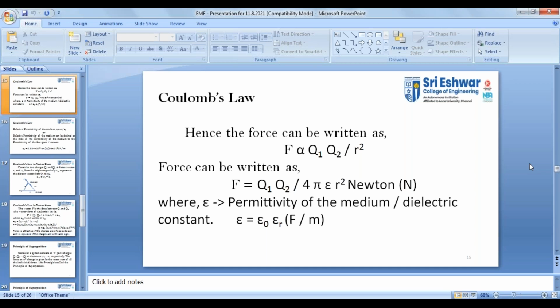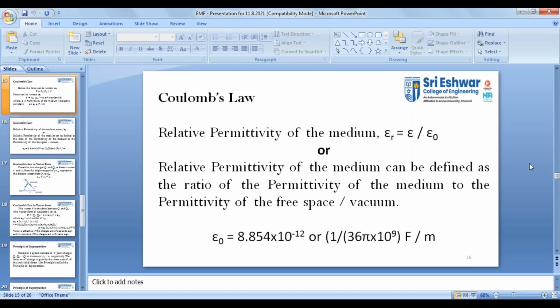Relative permittivity is epsilon r equals epsilon by epsilon naught, the ratio of the permittivity of the medium to the permittivity of free space or vacuum, whose value is 8.854 into 10 to the power minus 12 farad per meter, or equivalently 1 by 36 pi into 10 to the power plus 9 farad per meter.